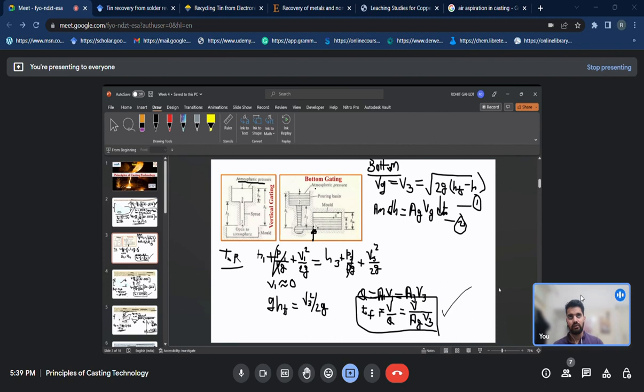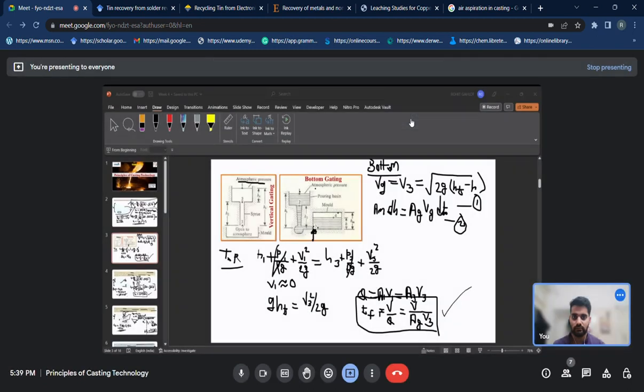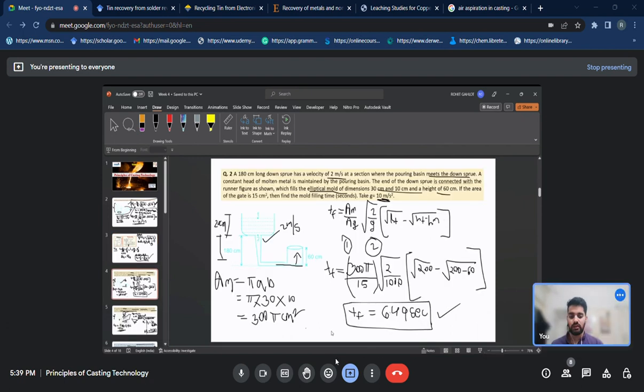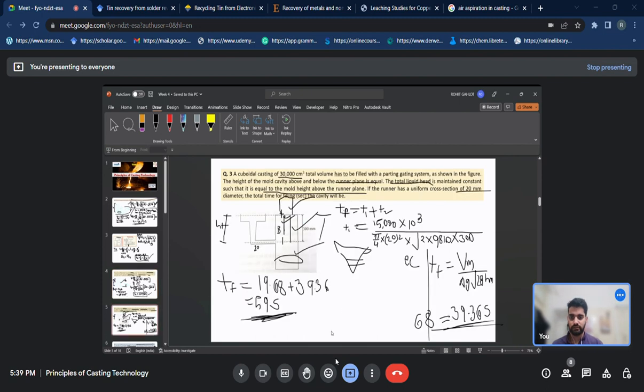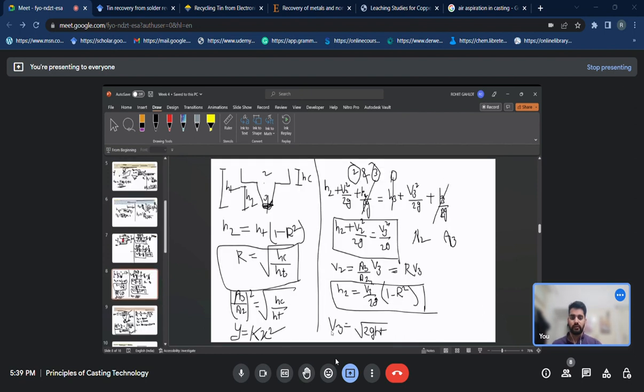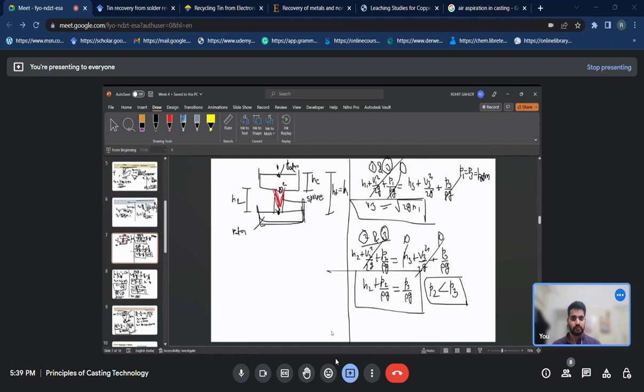You can again go to the lectures or theory of Professor Jha to consolidate your basics. Then we solved the top gating, bottom gating, and parting gating system problems, and discussed the aspiration effect in detail.